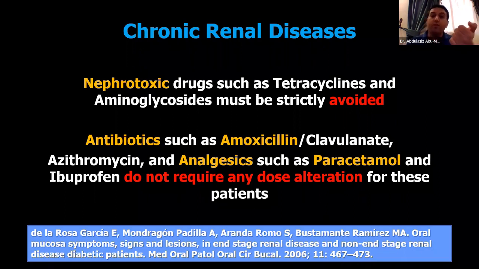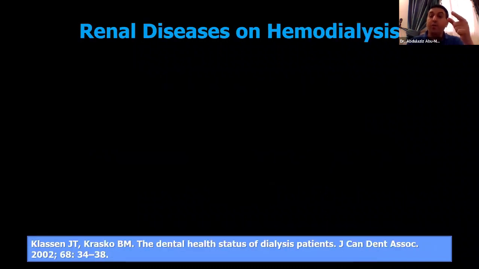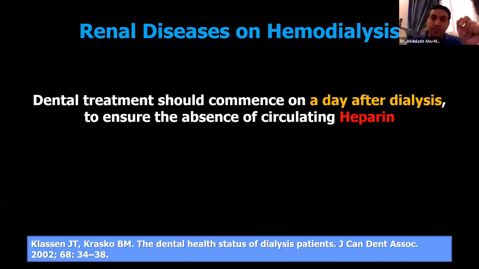When you can go with antibiotic prophylaxis in renal disease is if they are on hemodialysis, not all hemodialysis. Those patients, you need to see them the day after the hemodialysis. Why? Because their body is washing out the heparin. During dialysis they use heparin for the coagulation, and you want it to be less.